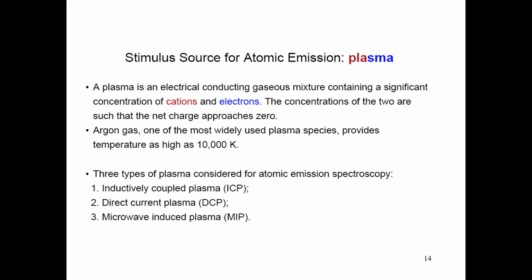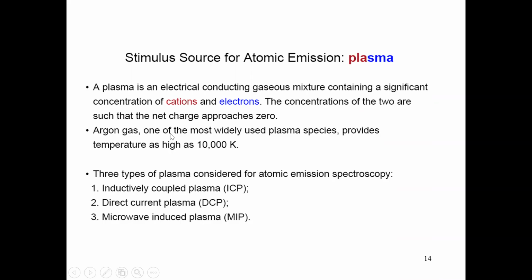Cations and electrons. They are actually of equal proportions. You'll see how that works. Usually you have argon. So it contains cations, positively charged, and electrons, negatively charged. The concentration of the two are such that the net charge approaches zero normally.